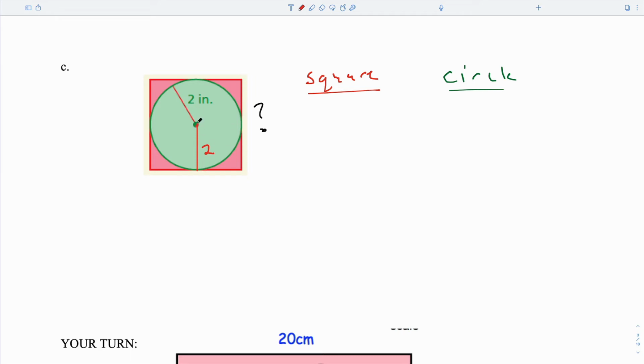So if I keep drawing 2 of the radiuses, 2 and 2, do I get the full side length of the square? Yeah. So 2 of the radiuses equal the side length. What is 2 times 2, whole class? 4. So my side length of the square is going to be 4.